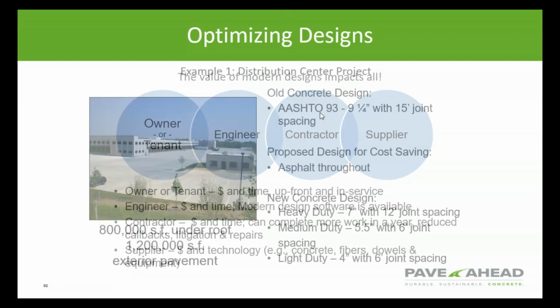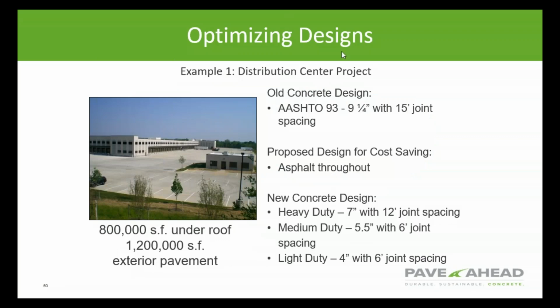Okay, so here's an example of a 1.2 million square foot warehouse project that was done by one of our team members recently. Remember that AASHTO 93 was developed for highways, so when you were designing with that method, it resulted in a pavement thickness that was 9¼ inches thick with a 15-foot joint spacing.